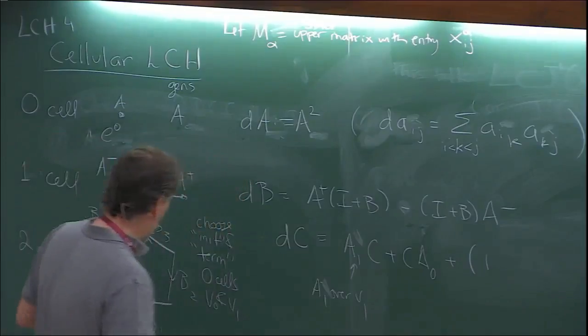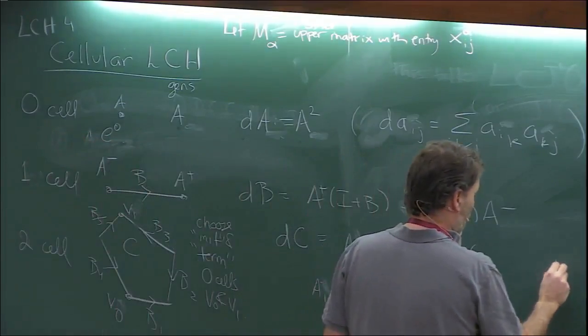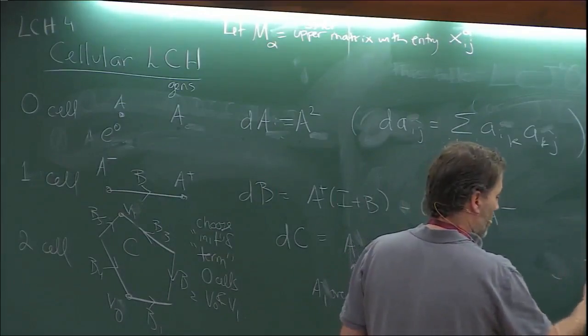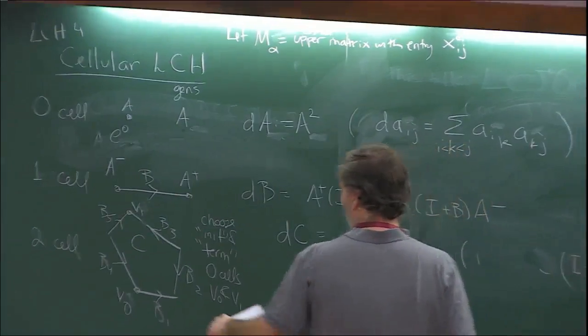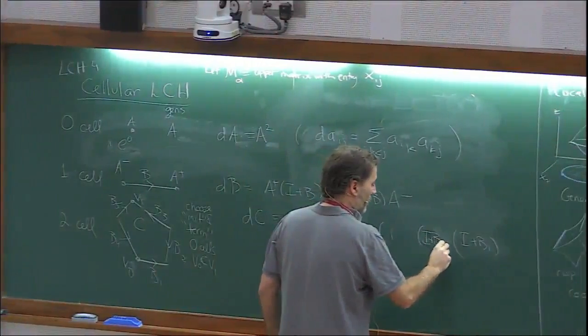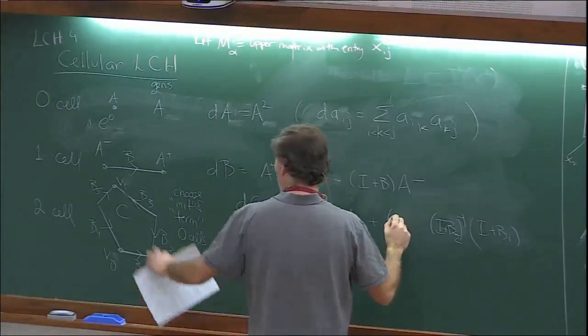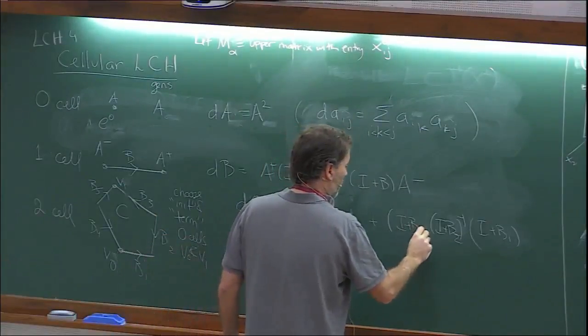So if I go along this way, it would be I plus B1. Then actually we're going the wrong way, so I plus B2 inverse, because the path does not agree with the arrow. And then finally I plus B3.